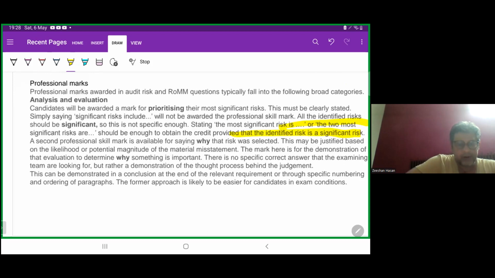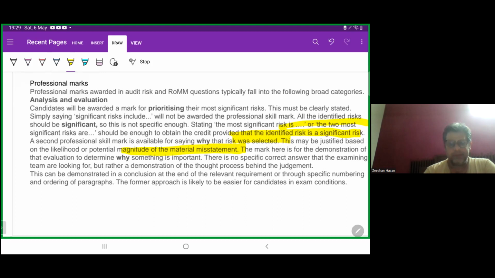Second, a professional skill mark is available for saying why that risk was selected. This may be justified based on the likelihood or the potential magnitude of material misstatement. The mark here is for the demonstration of the evaluation to determine why something is important.